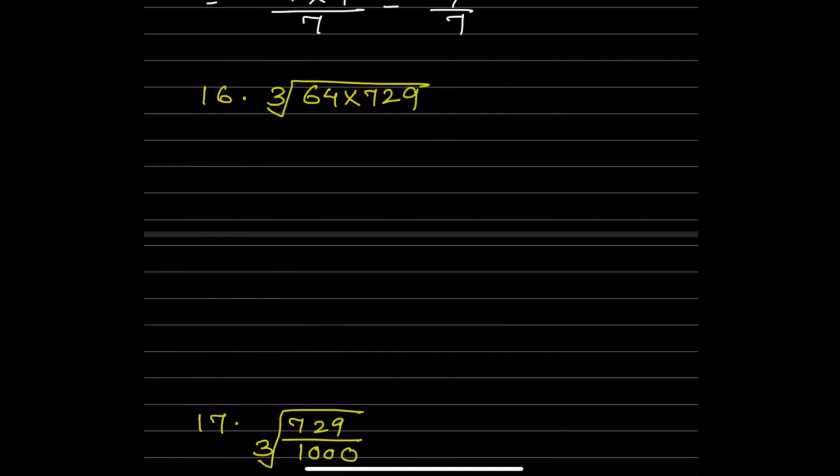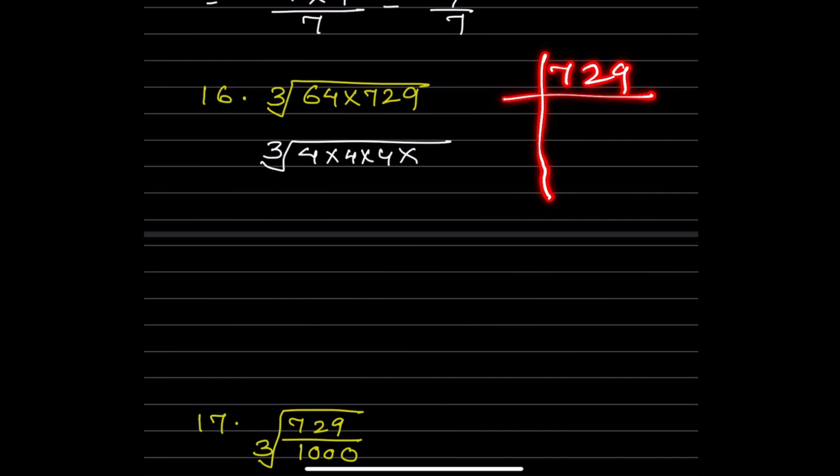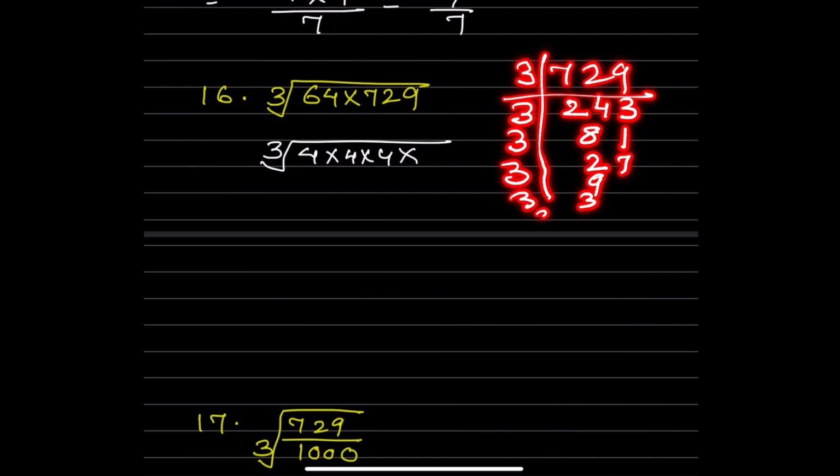So now here, this is going to be 4 into 4 into 4. And for 729, you can just write here 3 2s are 6, 3 4s are 12, and 3 3s are 9. Again, this will go with 3 8s are 24, 3 27s are 3 9s are 3 3s are, and 3 1s are.